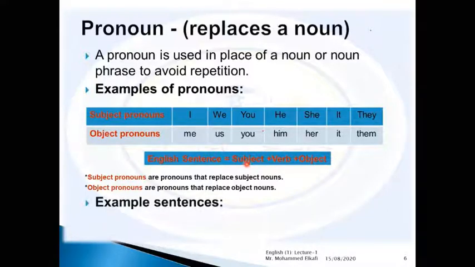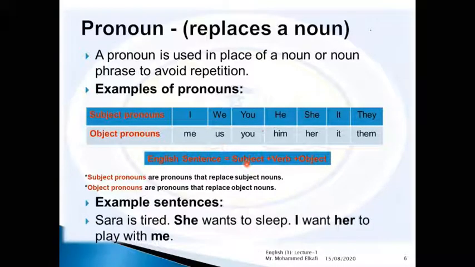So let's take some example sentences. Here, Sarah is tired. Instead of saying Sarah wants to sleep, here we can say she, to avoid repetition. She here refers to Sarah.